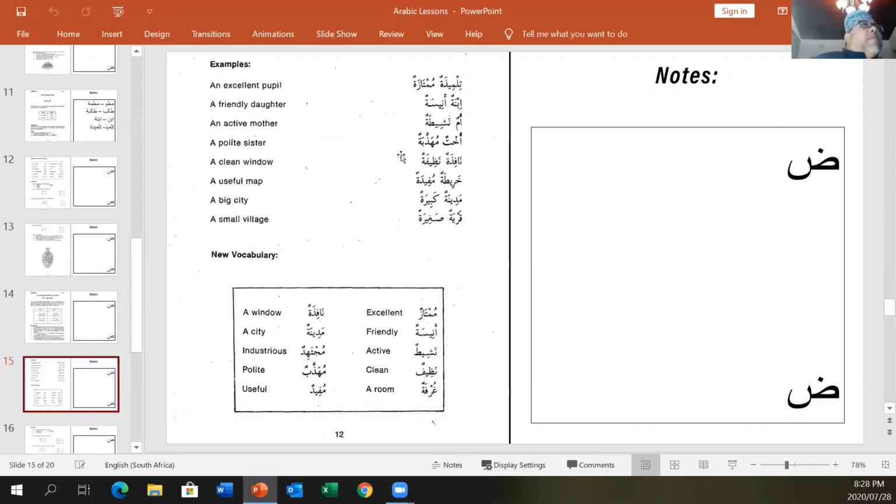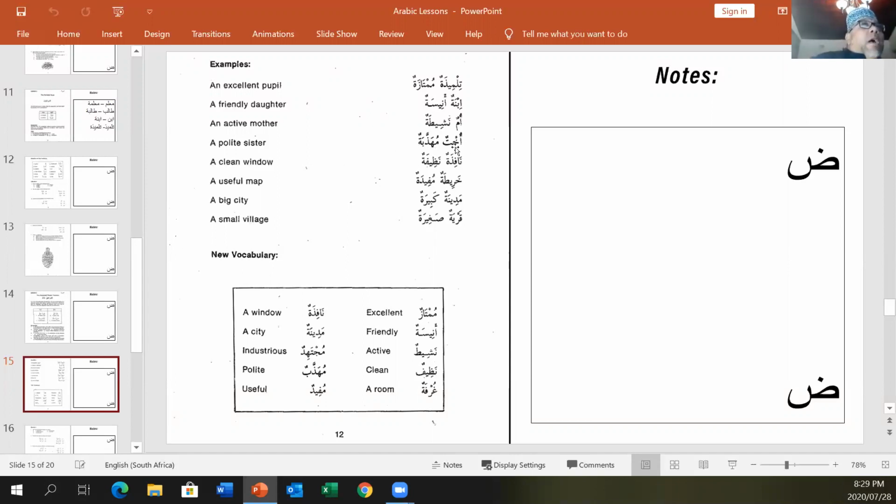If I must change that to become a polite brother, akhun muhadhabun. Not abun, akhun muhadhabun. See, feminine is ukhtun muhadhabatun.